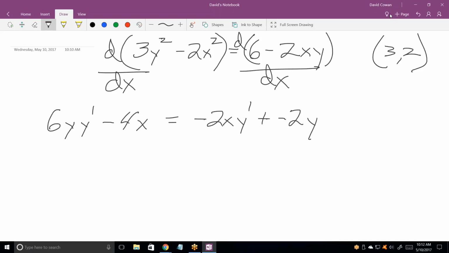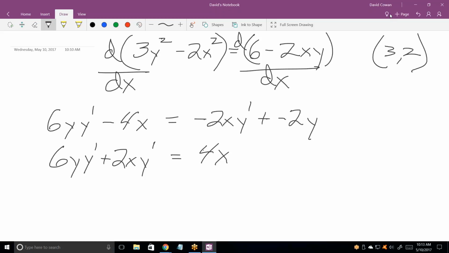Now, what's the next step? Because we're trying to solve for y prime. So you want to get the y primes on one side, and all the y's and x's on the other side to create an equation that equals y prime? Well, there's one other very important step in there. Do you want to divide them all by a common factor? Well, hold on, no. Your first statement was absolutely correct.